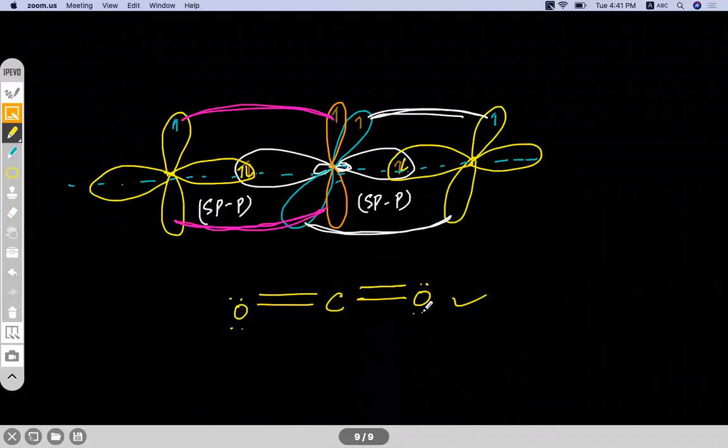Did you understand this? You see the pi bonds that are forming here, it is because of the overlap of atomic orbitals, not the hybrid orbitals.